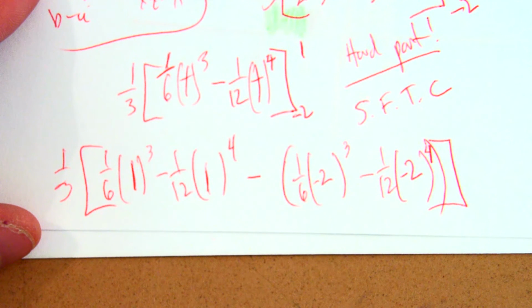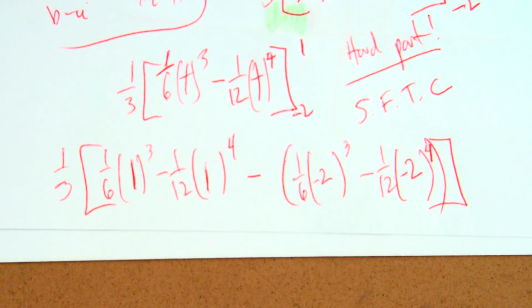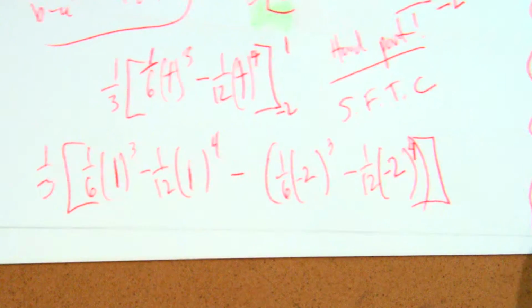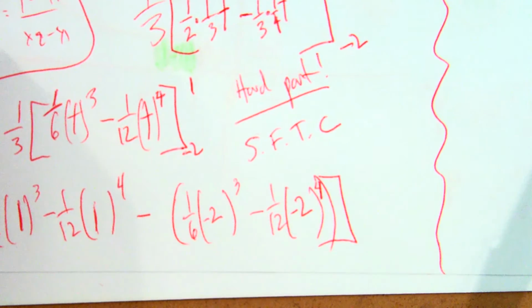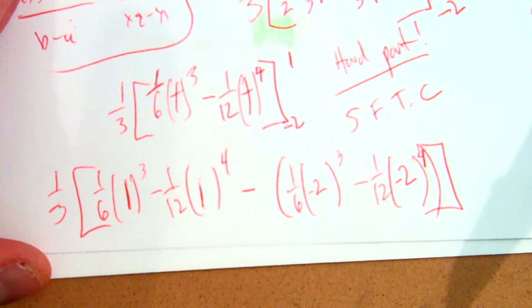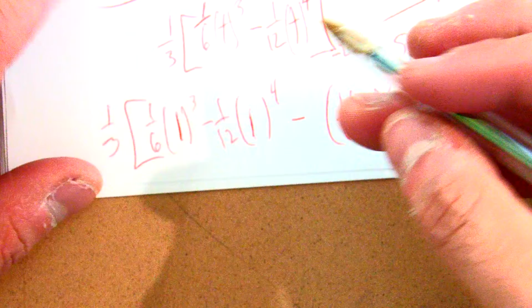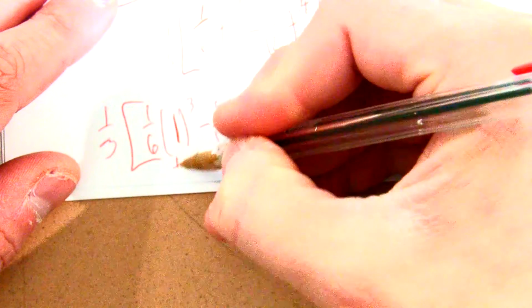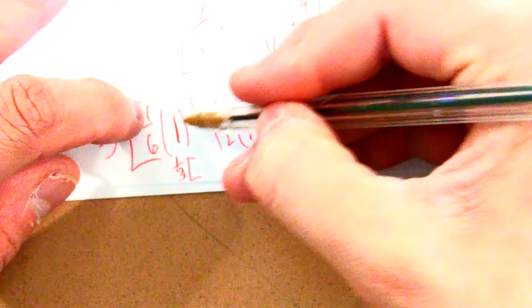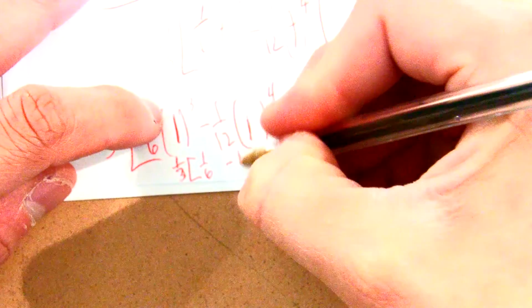And now you have to simplify this one. Okay? And I'm going to do that in my brain bubble here. If you get this one here, this is going to be what? You get 1/3 times what? That's 1/6, right? Minus 1/12. Oops.